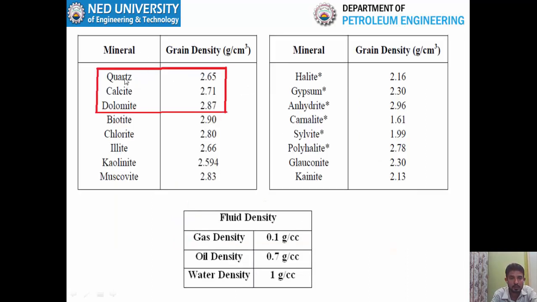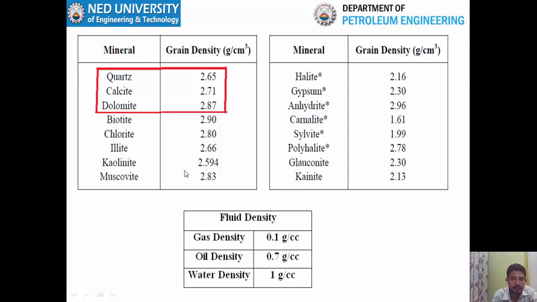So 100% quartz has a density of 2.65 gram per centimeter cube. 100% calcite has a density of 2.71 gram per centimeter cube. 100% dolomite has a density of 2.87 gram per centimeter cube, and there are also some clay minerals, the shale minerals.